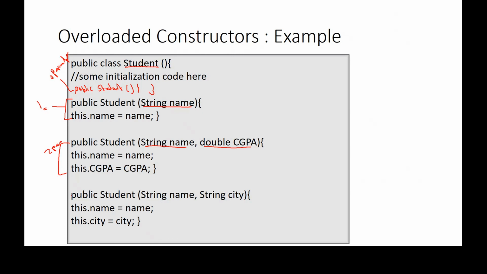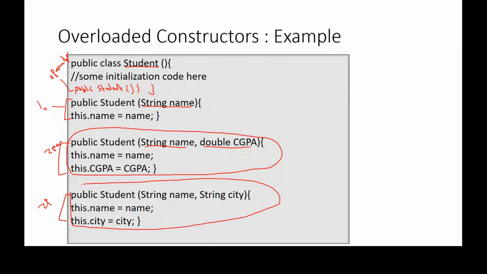What about this constructor? 2 parameters. But this one and this one are the same. Are they or not? What's the difference between this one and this one? This one has 2 parameters, and this one has 2 parameters. But the difference is, the first parameter is the same, String name.